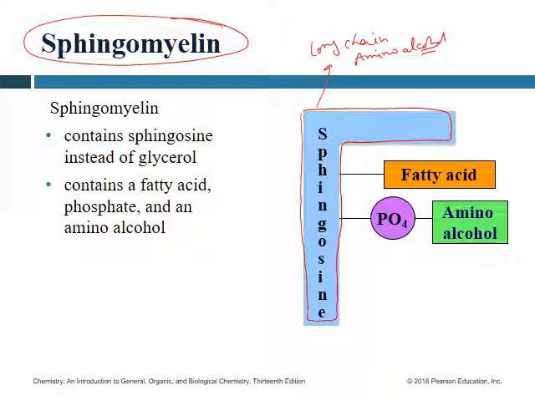You will have one fatty acid attached to this amino alcohol, which is sphingosine, and the third group attached is phosphate and amino alcohol. So how is this different from glycerophospholipid?